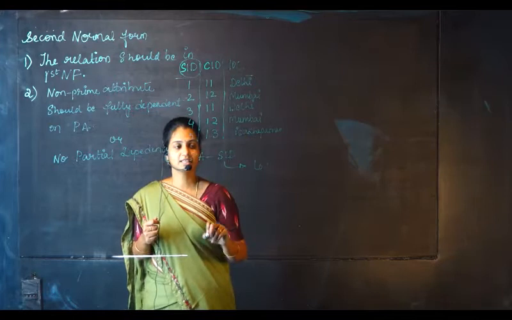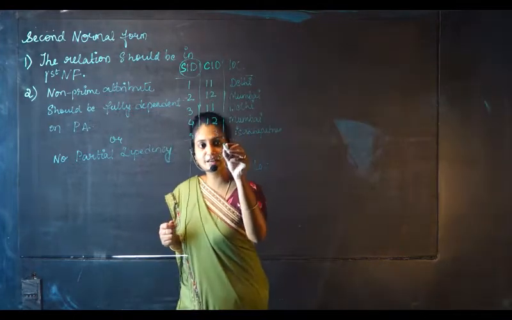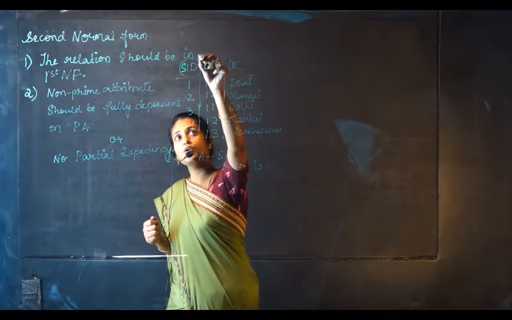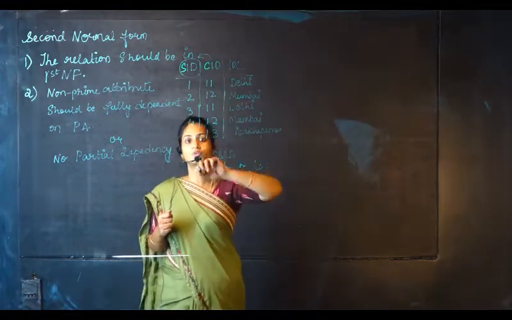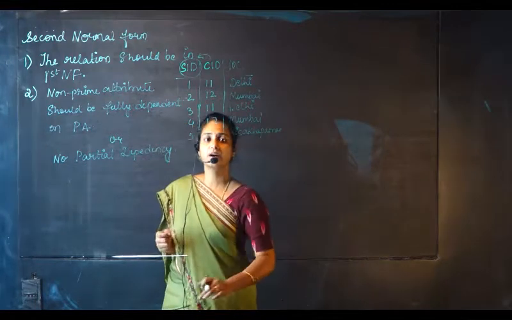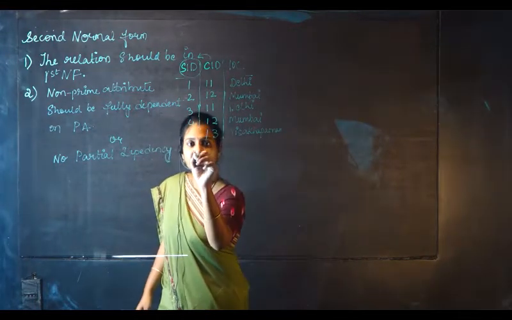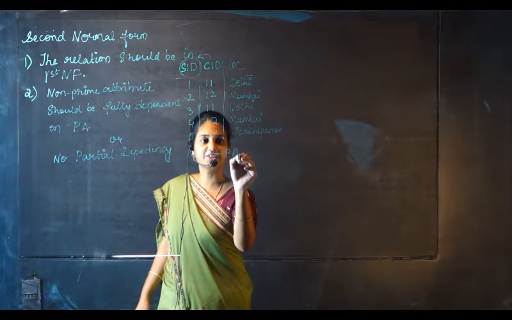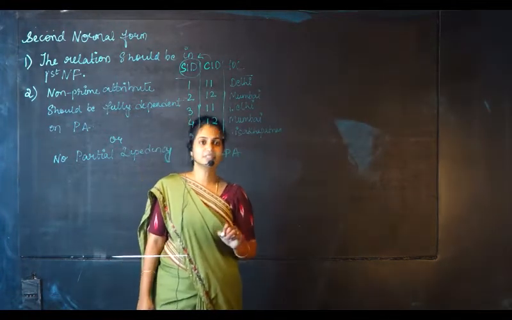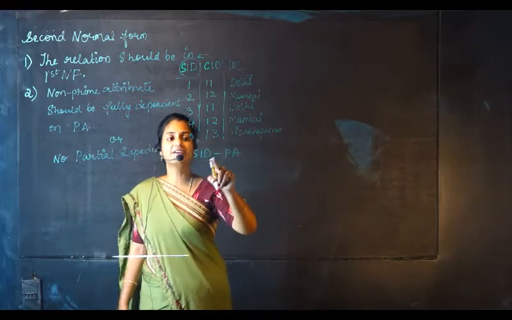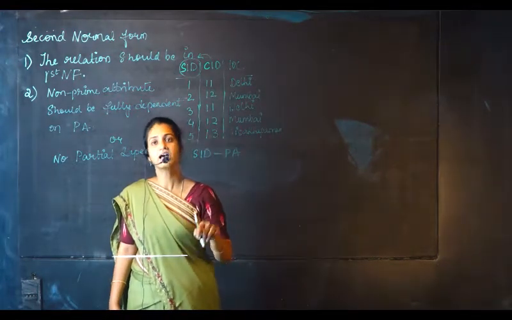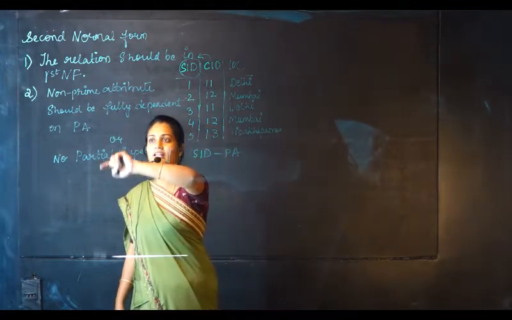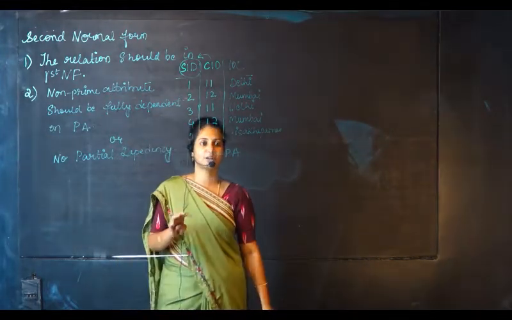Location always depends on the student ID, and even the course ID depends upon the student ID. So student ID can be considered a prime attribute. Now we will check whether we have any non-prime attributes, and whether these non-prime attributes are fully dependent on the prime attributes or not.